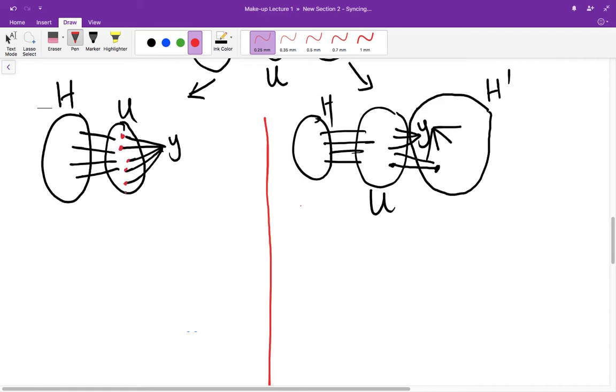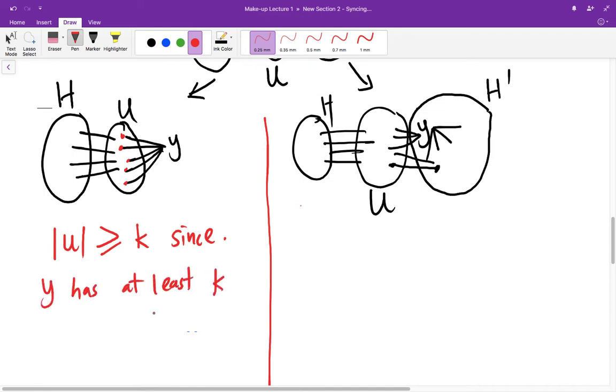But remember, there are k neighbors of Y by construction. So immediately we can conclude that the size of U is at least k, since Y has at least k neighbors. And this settles the case for this particular configuration.